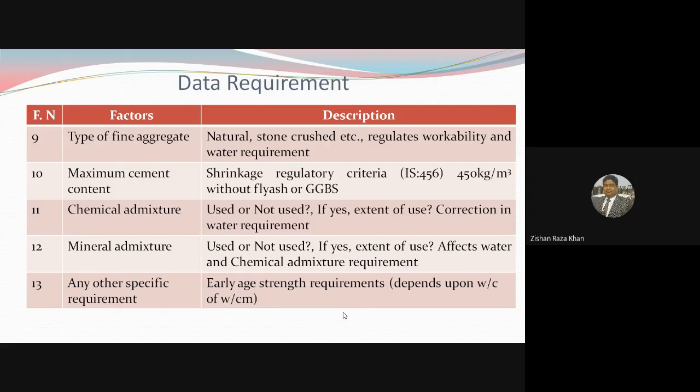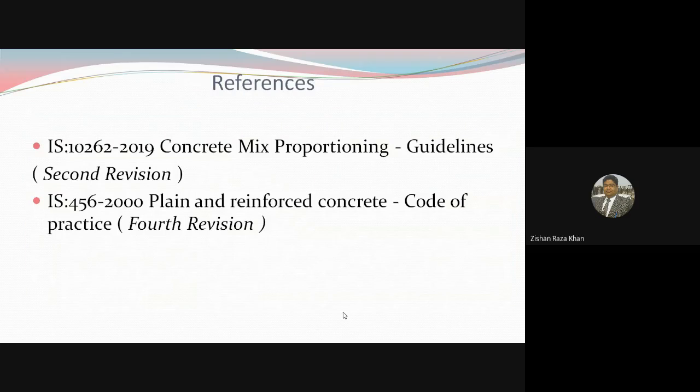If you want air entrainment, then you need to select different kinds of chemicals and other admixtures. Okay, so these are some factors which we need to figure out before proceeding to the mix design.